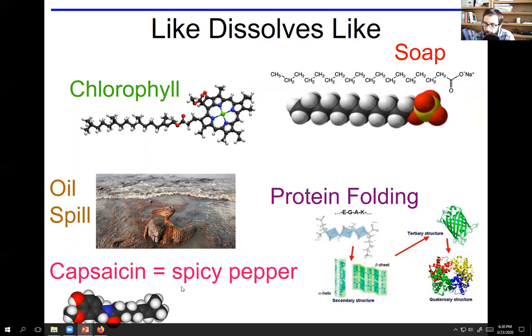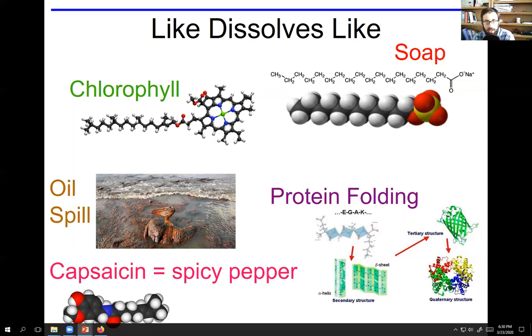And it dictates things like protein folding, which are really important for how our bodies work and all biology works. A lot of diseases are caused by protein misfolding. This is how proteins fold and start from amino acids and form these really complicated tertiary and quaternary structures.